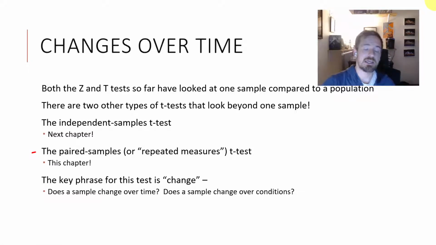Alright, now the key phrase for this chapter that encapsulates everything you need to know about this paired samples t-test is this one word: change. Because what we're looking at is whether one sample changes over time or changes between conditions, and we're going to build a hypothesis out of that. So does your sample change?